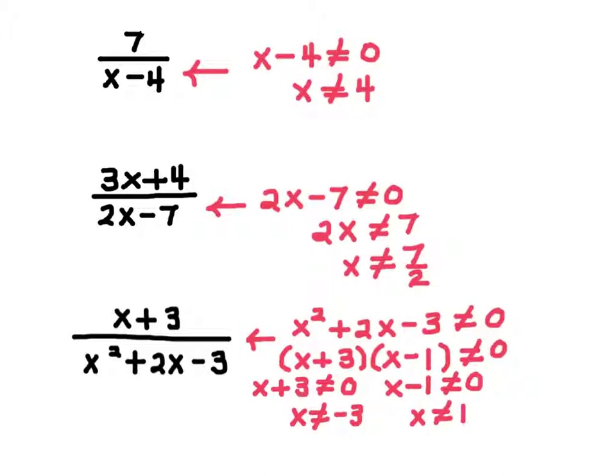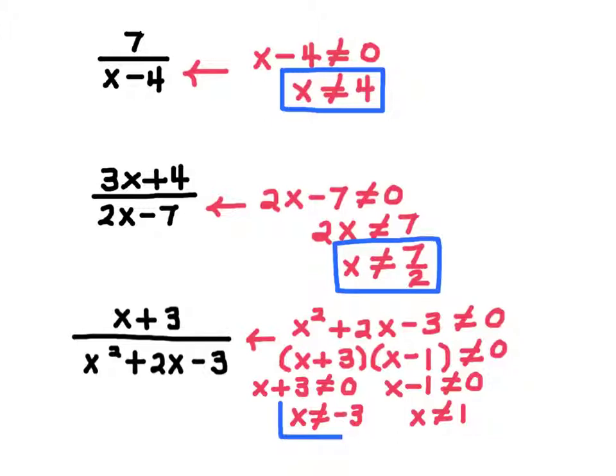So these are our domain restrictions on our x variable. X is equal to all reals except for these, and when it is equal to any of these restricted values, our original rational expressions will be undefined.